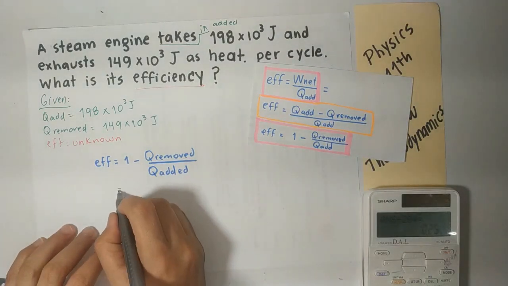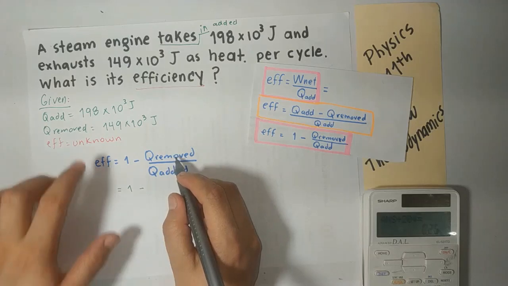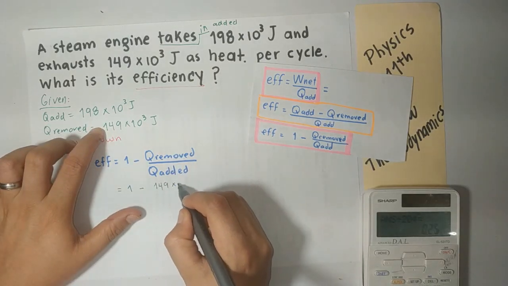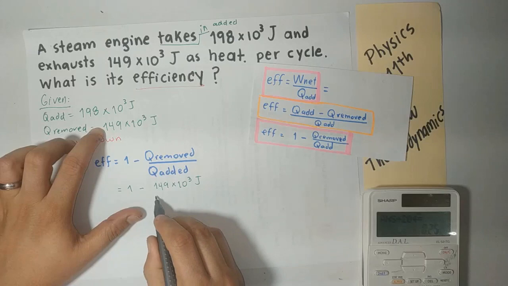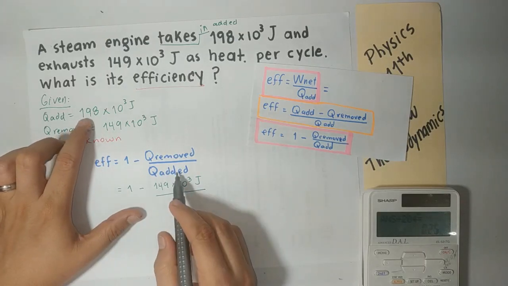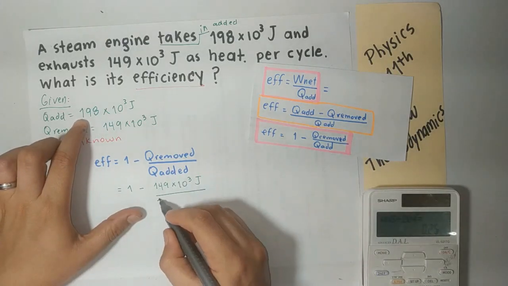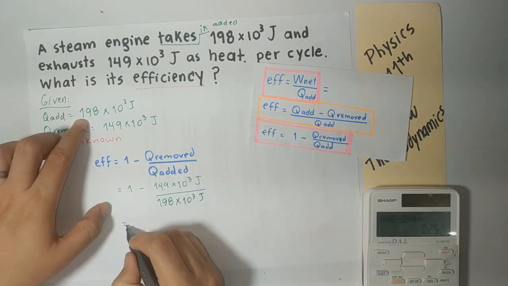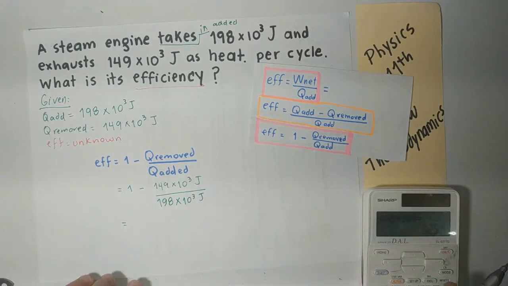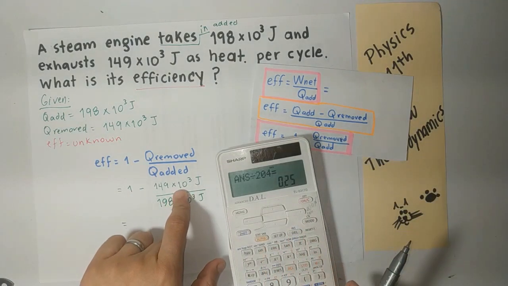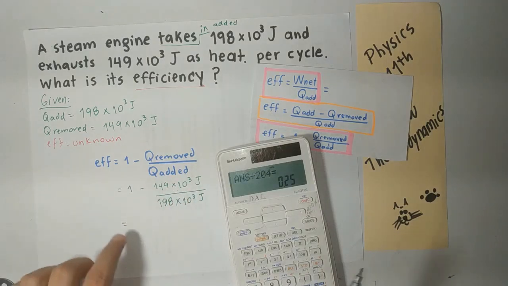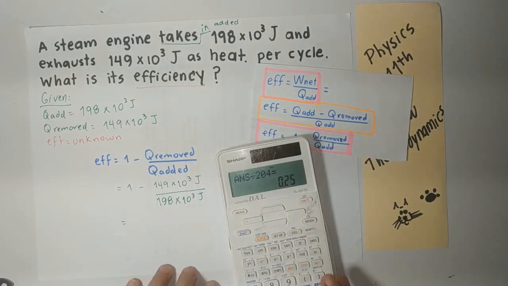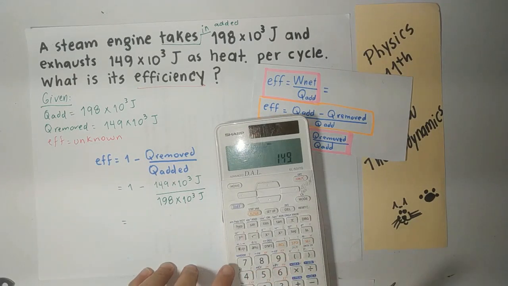You're going to have 1 minus Q removed, that is 149 times 10 to the third power joules, divided by the Q, or the heat added to the system, which is 198 times 10 to the third power joules. In my calculator, I will solve the division first, and then I will subtract from 1.